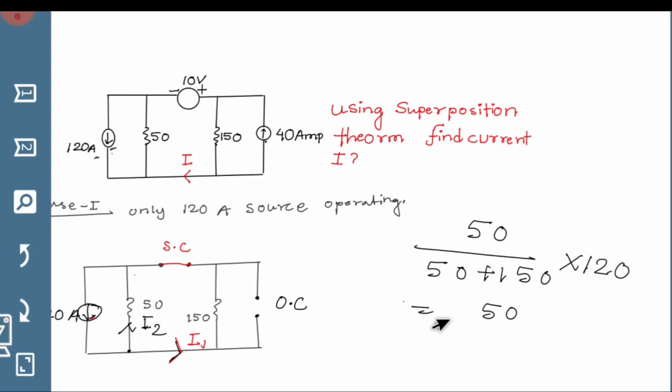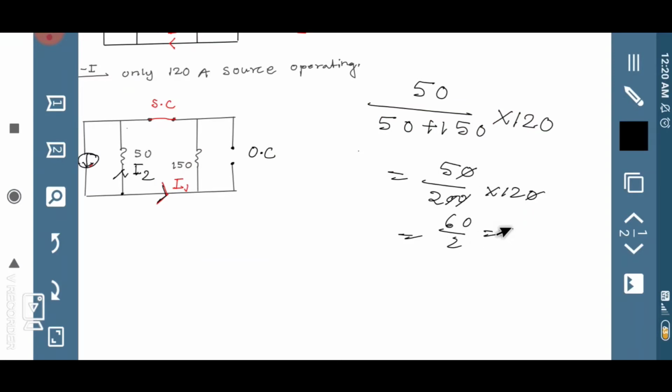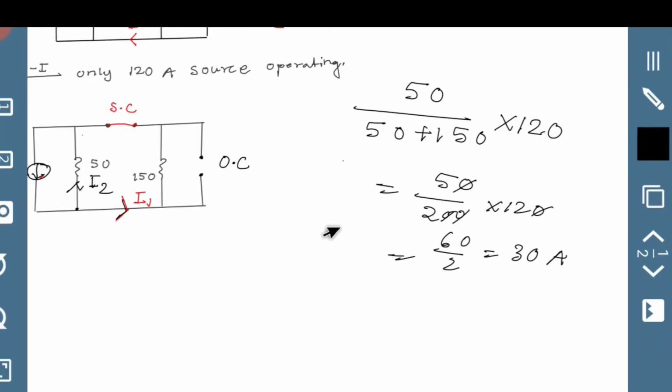So 50 by 200 times 120 equals 30 ampere. So we have got I1 equals 30 ampere. Direction is this.